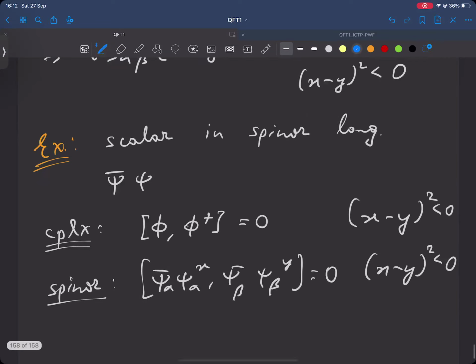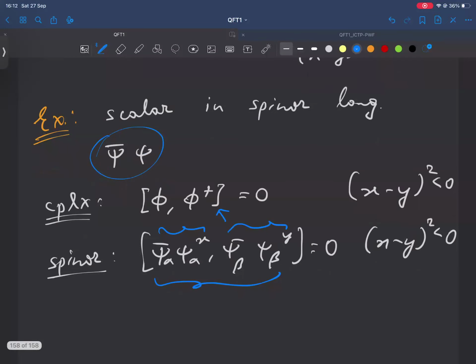Because here only a bilinear makes sense, instead of a commutator with a single spinor, we have to actually look at commutators of two bilinears, just like we did for the scalar field.